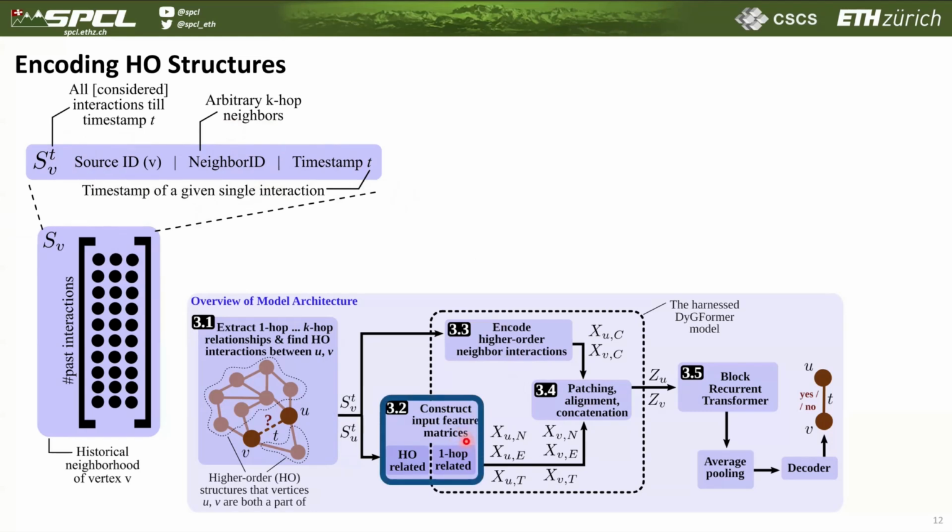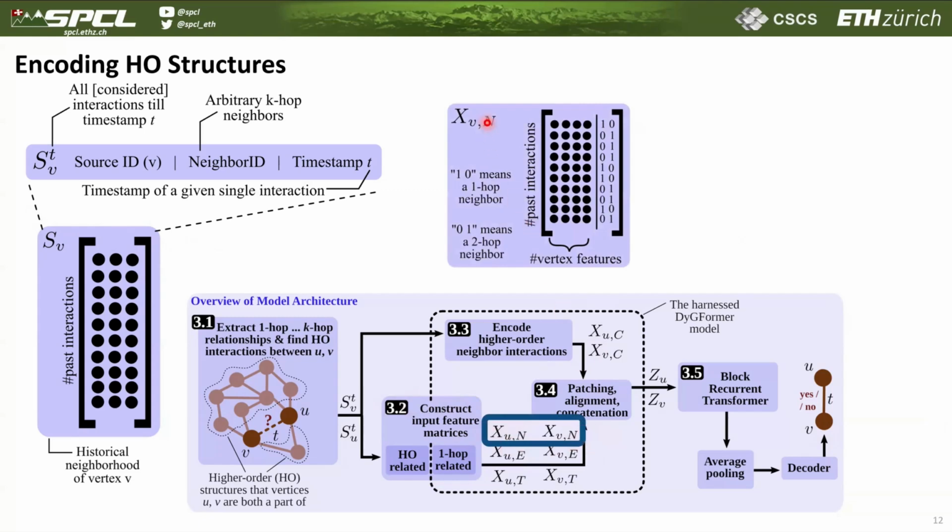Then we construct input feature matrices, because in these S matrices we have only the row structure encoded, but we now also need to have some features. That's what we do in block 3.2. We output these matrices. The X matrix for vertex V comes with vertex features: each row corresponds to a past interaction, but now these rows are vertex features, so we have a way to parameterize the model.